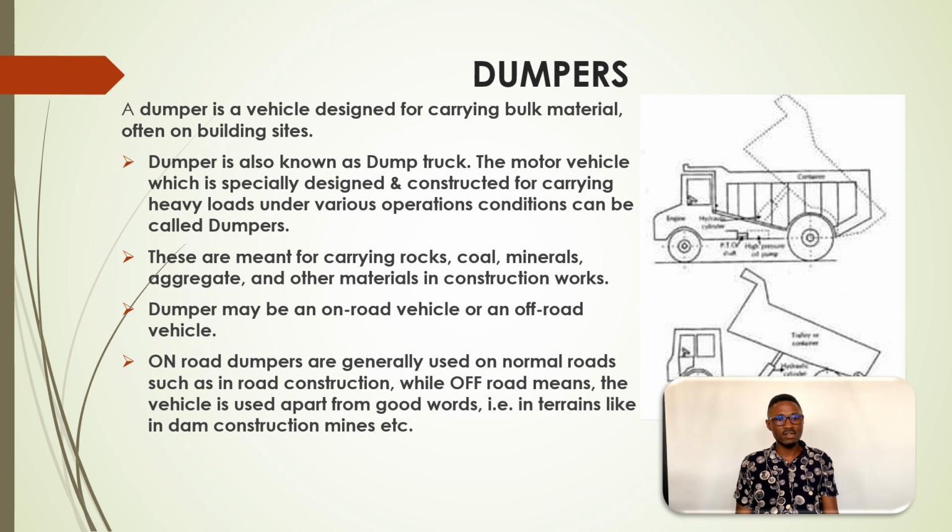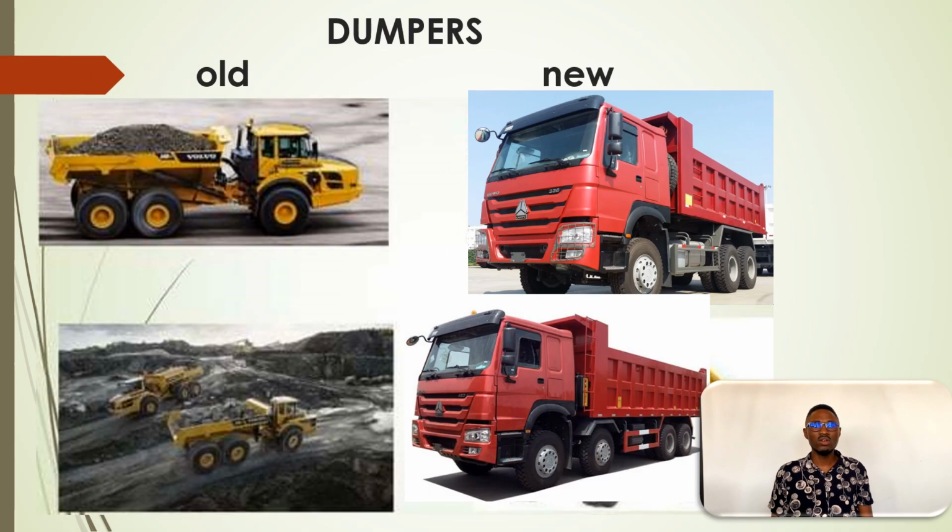On-road dumpers are generally used on normal roads, such as road construction, while off-road means the vehicle is used apart from the good roads, i.e. in terrains like dam construction and mines. As you can see, we have some examples of dumpers.